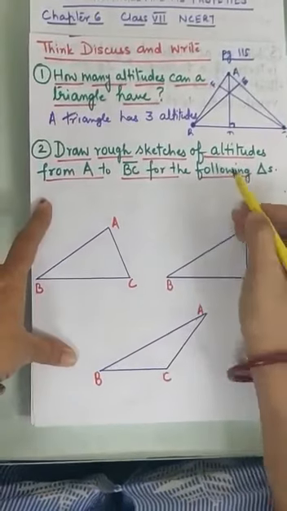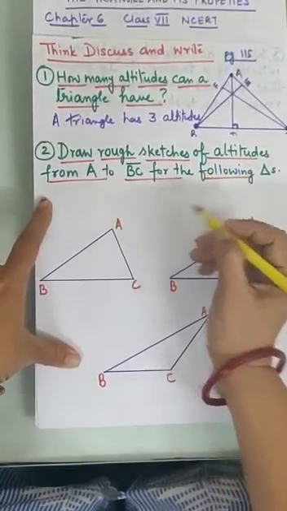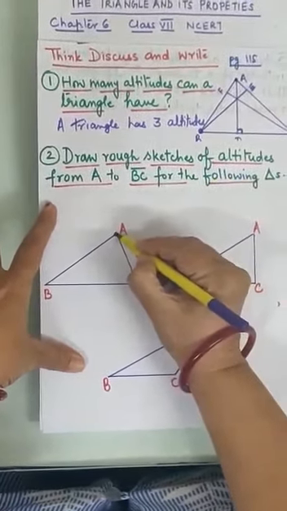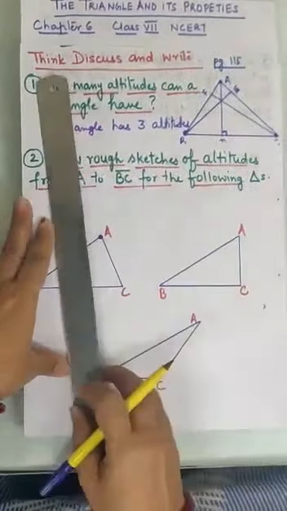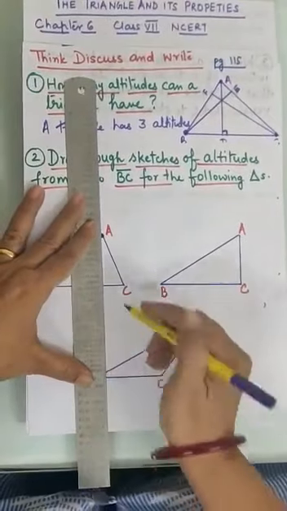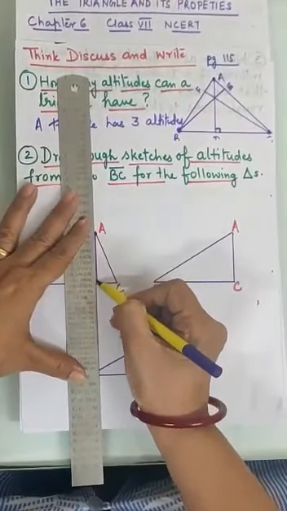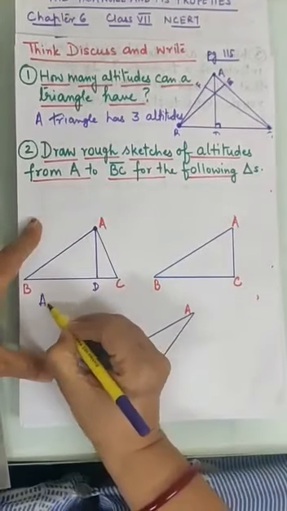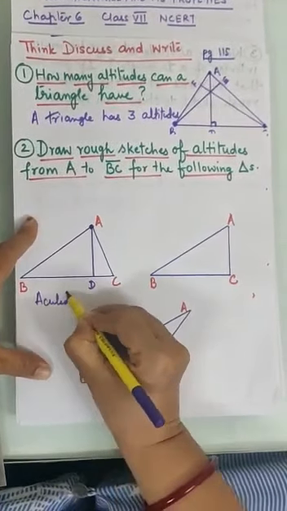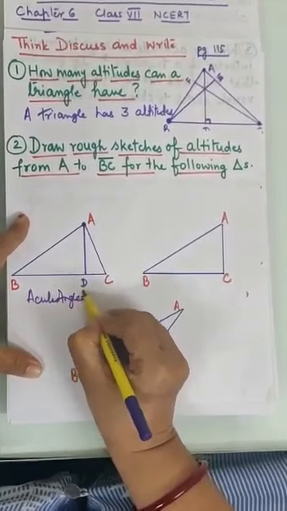Now we have to draw altitude from A to BC. So this is A, opposite side is BC. We draw an altitude. Let this point be D. This is an acute angled triangle.